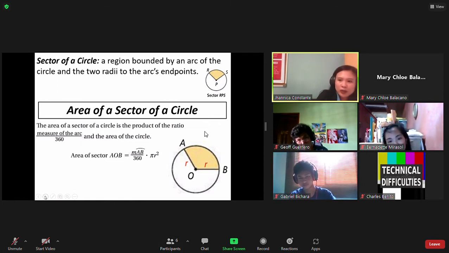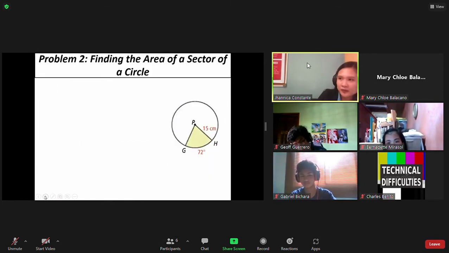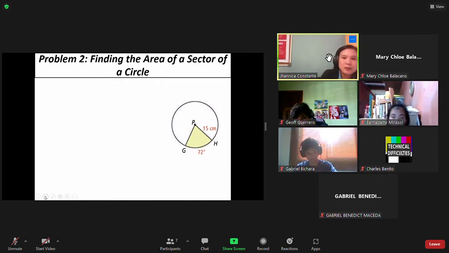For example, we have this circle. Given that the measurement of the arc GH is 72 and the measurement of our radius is 15 centimeters. So the measurement of the arc is given and the radius is also given.